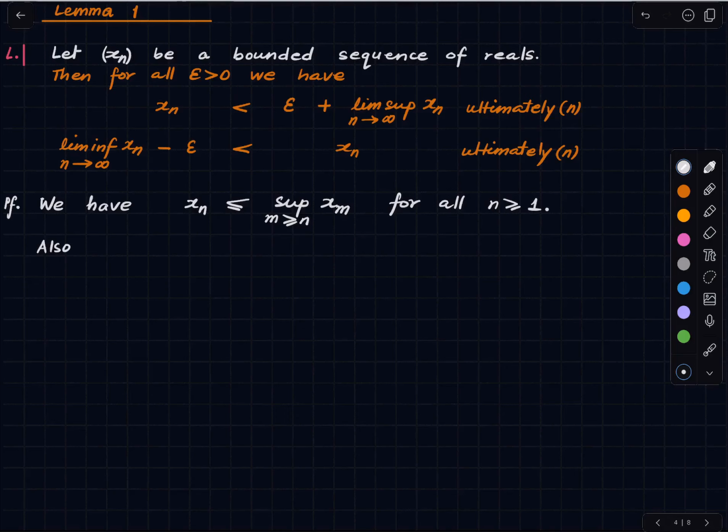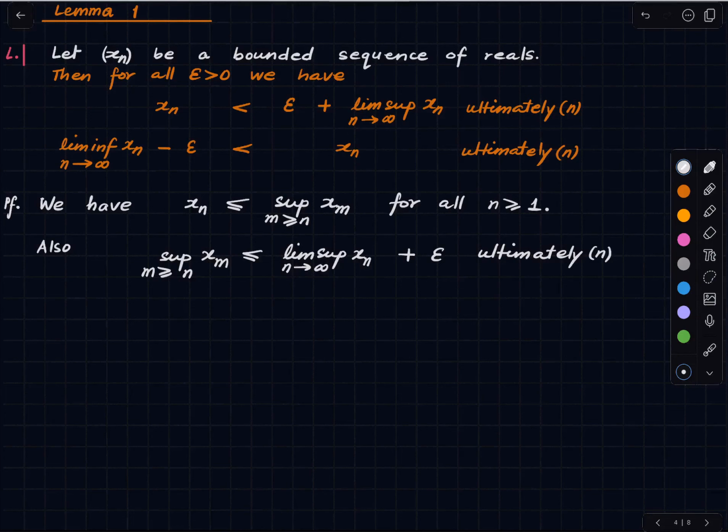And the second one, what I'm going to write is the following, that this thing is less than lim sup plus epsilon ultimately. Now, why is this?